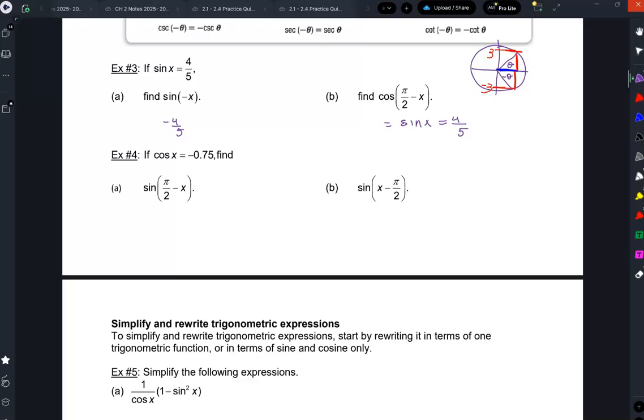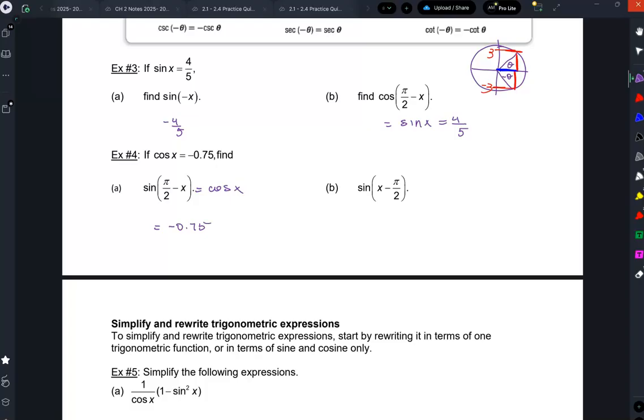Let's do another one. Now we're given cosine of x equals this. We need sine of pi over 2 minus x. You see this and think, oh wait, that's just a cofunction identity. So sine of pi over 2 minus x is just cosine x, correct? Which is negative 0.75.